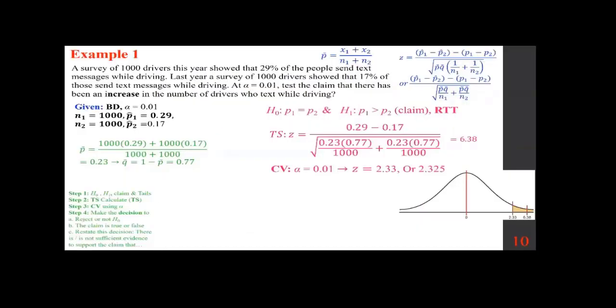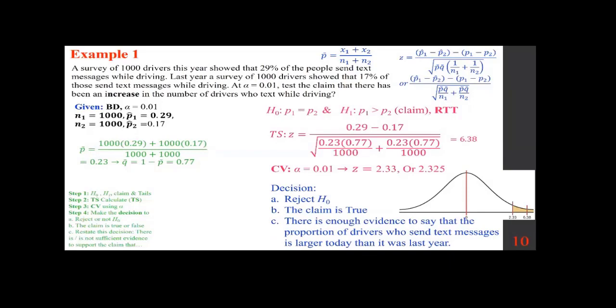If we are rejecting H0, now we're going to go look at the very first step that we wrote for H0 and H1 and see the location of the claim. If H0 is rejected, then H1 is not. Again, loosely put, therefore the claim is not rejected, therefore the claim becomes true. And then you do the writing. There is sufficient evidence to support the claim that, and you just follow that.